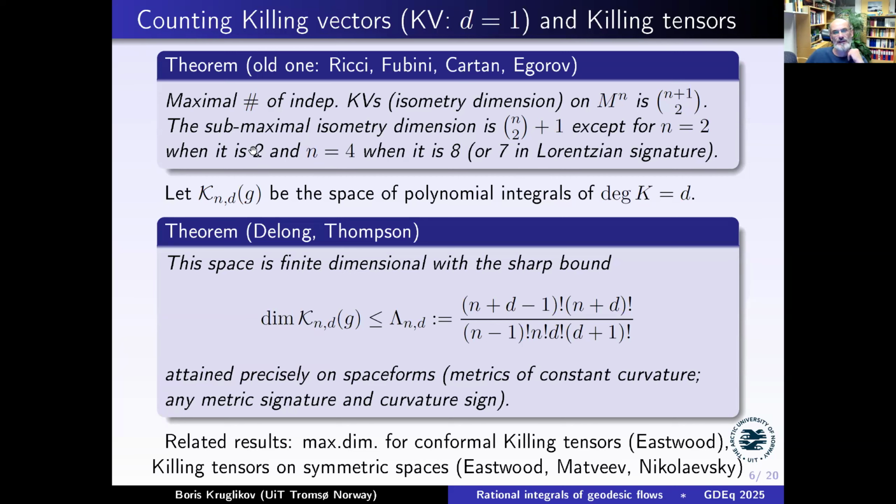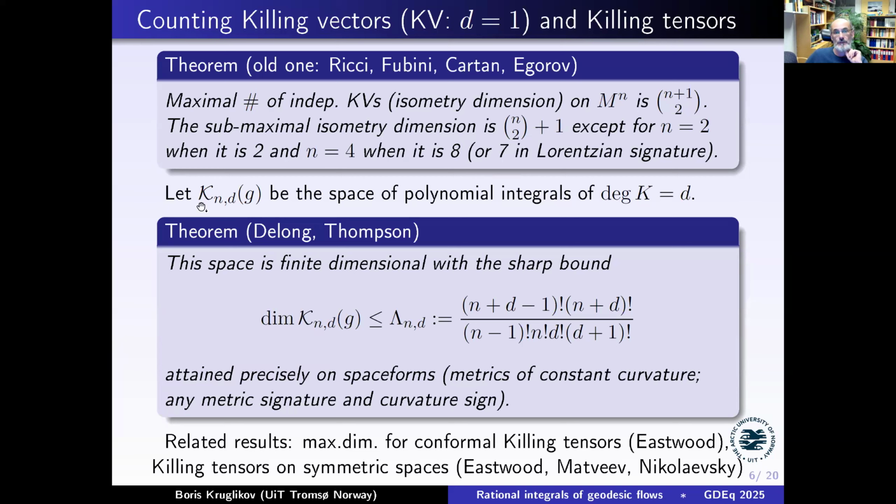Actually, this 2 appears a bit later. That's maybe why it's a mistake here. Okay, and another exception is n equal to 4. And then the maximal is 10, and submaximal is 8 or 7. So 8 in Riemannian and neutral signatures, and 7 in Lorentzian signature. Okay, so this submaximal story is pretty much classical.